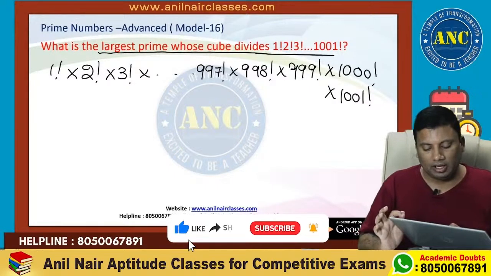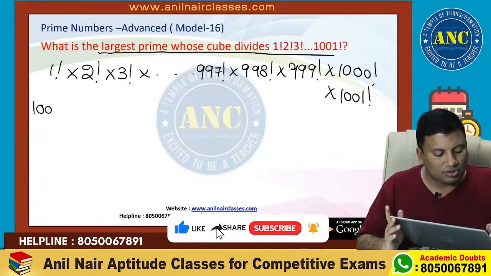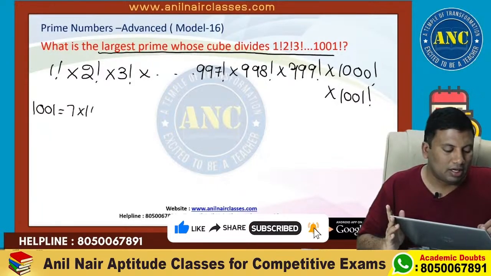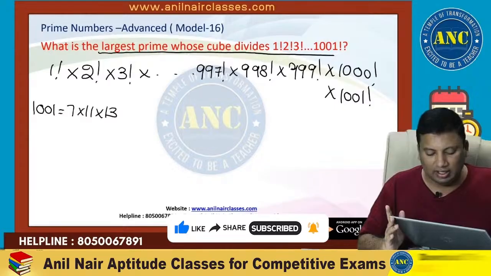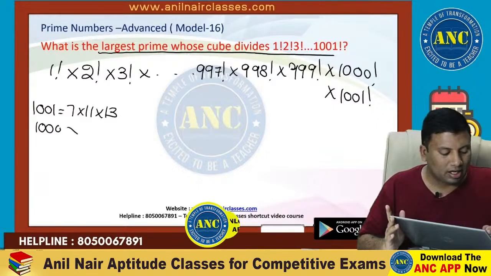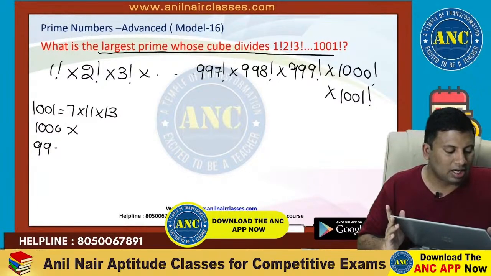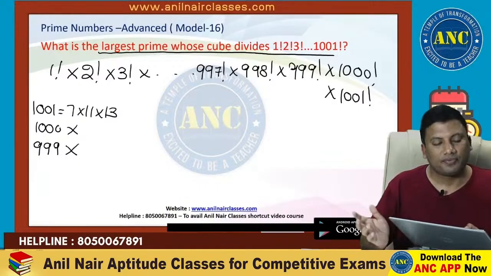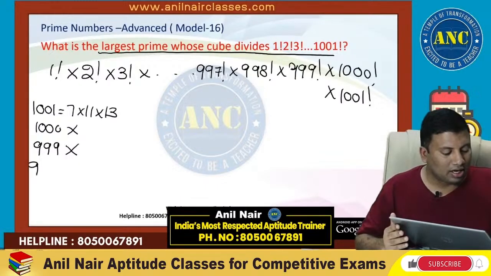Largest prime number. 1001 is not a prime number, it is 7 into 11 into 13. 1000 is an even number, not possible. 999 is divisible by 9, not possible.